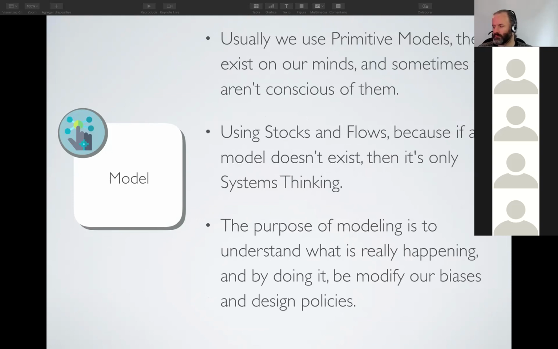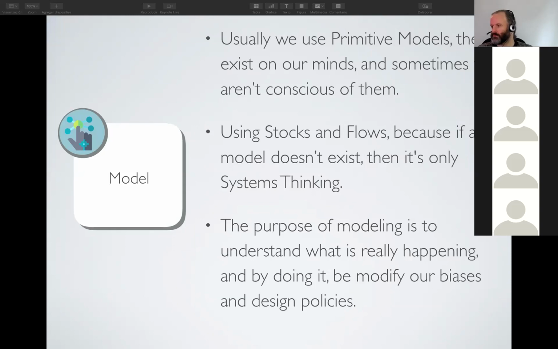Then we have to model. We use primitive models. Those only exist in our head. We make them since we are born, because even when we are just hours old, we are testing our abilities with this model.